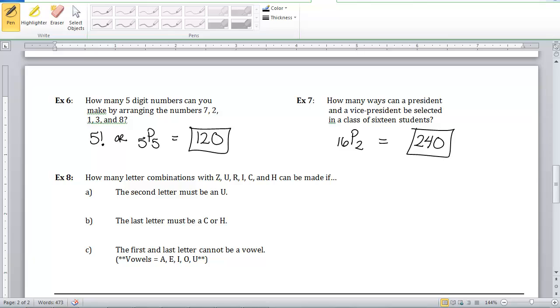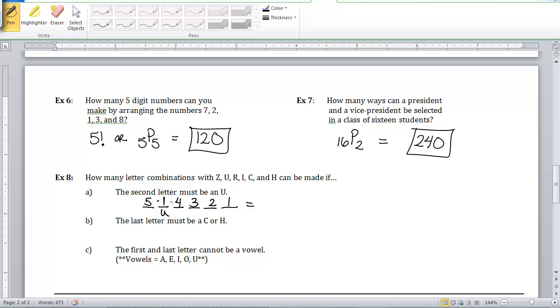And so if the second letter has to be a U, remember, I'm going to have 6 letters total that I'm using, but if that second letter has to be a U, I only have one option for that second letter. At this point then, I've used one of the 6 letters. So when I go to use my first letter, I only have 5 to choose from. Then 4, 3, 2, 1.